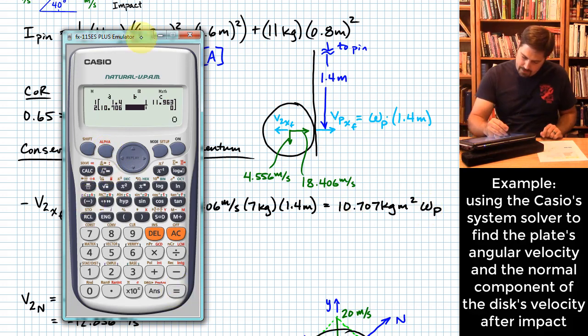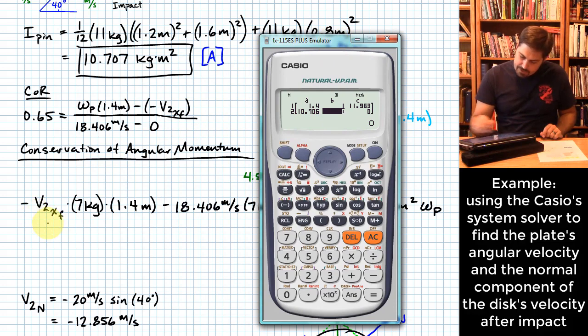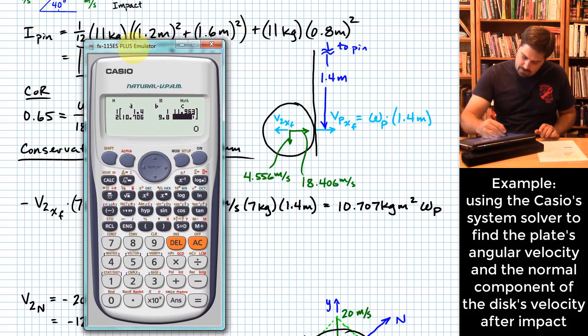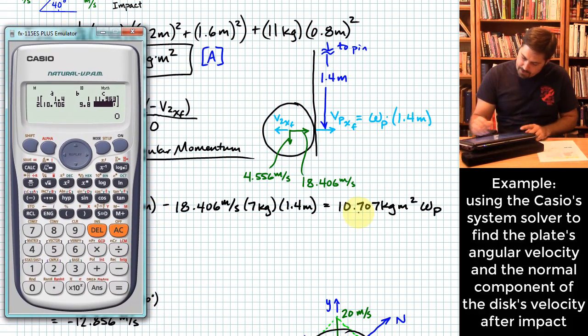Now I need to take this other one and move it to that side of the expression, so that would be positive 7 times 1.4. And I leave this one negative because it's still on the opposite side from where I assumed those were. So I say negative 18.406 times 7 times 1.4.